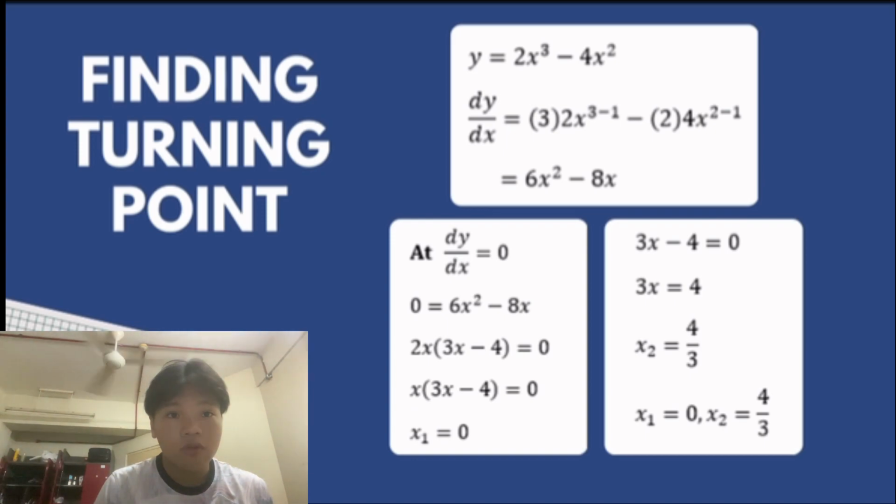To find x2, we take the bracket, which is 3x minus 4 equals 0, and then we transfer the numbers so that we get x. Negative 4 transfers to the right side and becomes positive 4. The 3, which multiplies x, transfers to the right side and becomes dividing. So the final answer for x2 is 4 over 3.